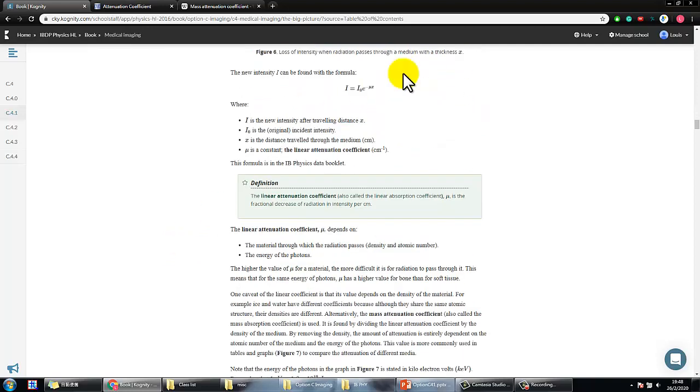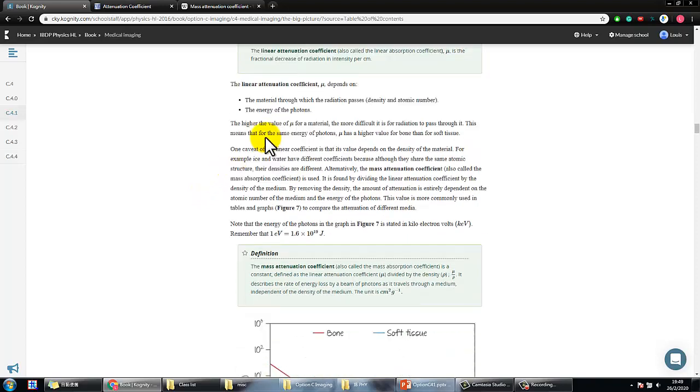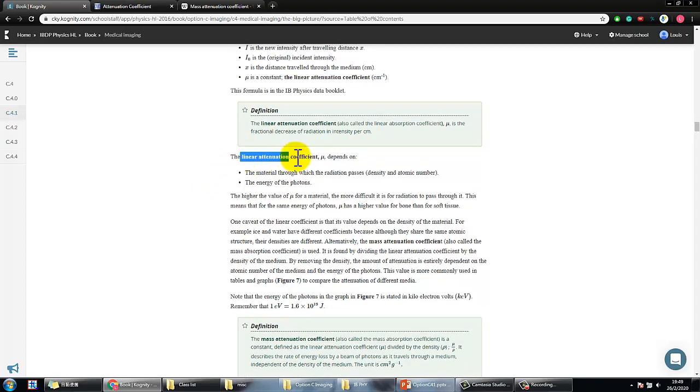Okay, so here it is very clear that mu is the linear attenuation coefficient, and then it said the value actually depends on the material, which is about the density and atomic number, and at the same time the energy of the photons.